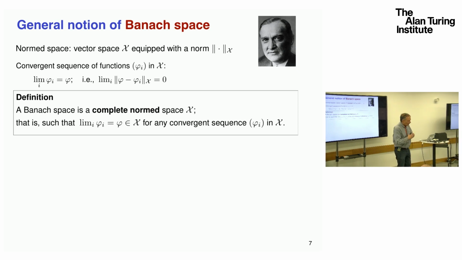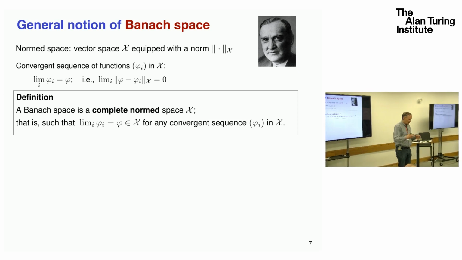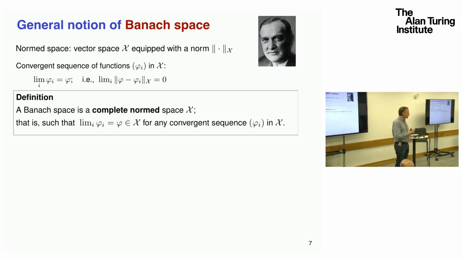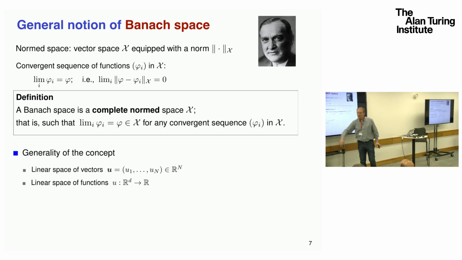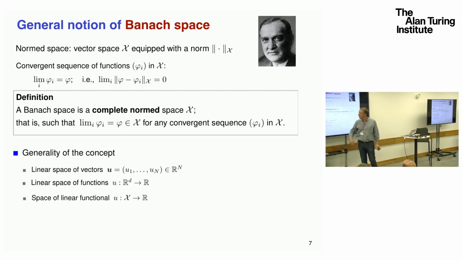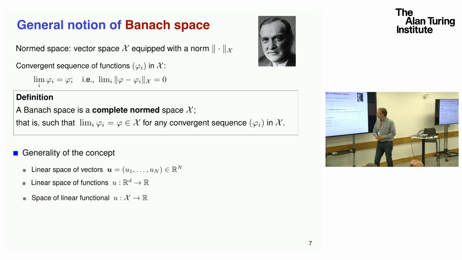Now, you ask yourself, why this abstraction? This abstraction is fantastic because there are so many things that are Banach spaces. We heard a few in the previous talk. The toy example is Euclidean space, R^n. But, for example, in machine learning they use linear spaces of functions like Sobolev spaces. But you can also consider spaces of linear functionals.